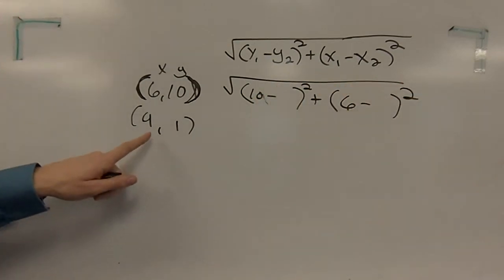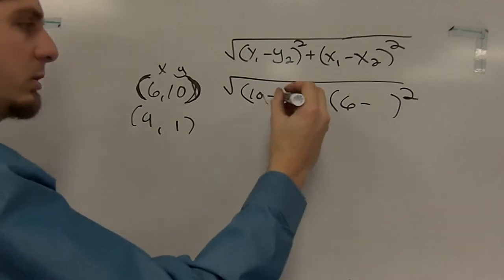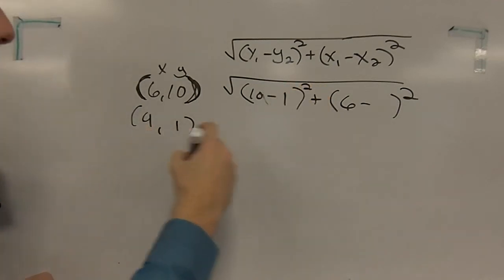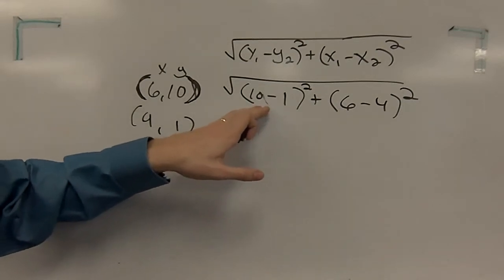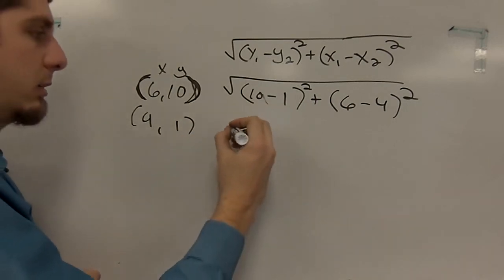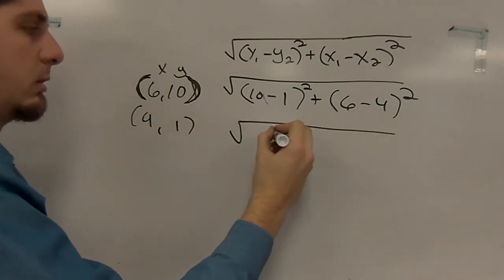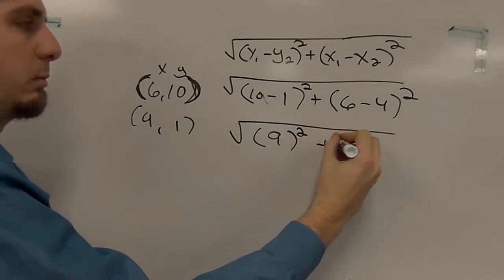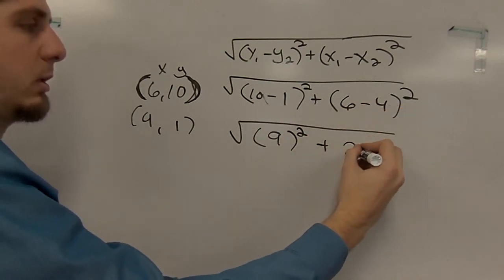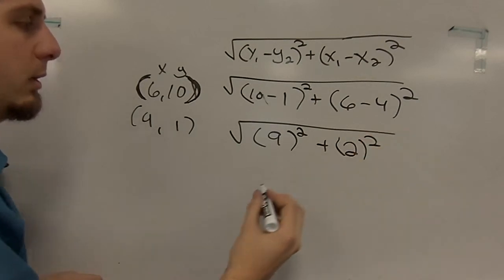Then y2, x2. Very, very important that you get those in the right place. You get 9 squared plus 6 minus 4, which is 2 squared.